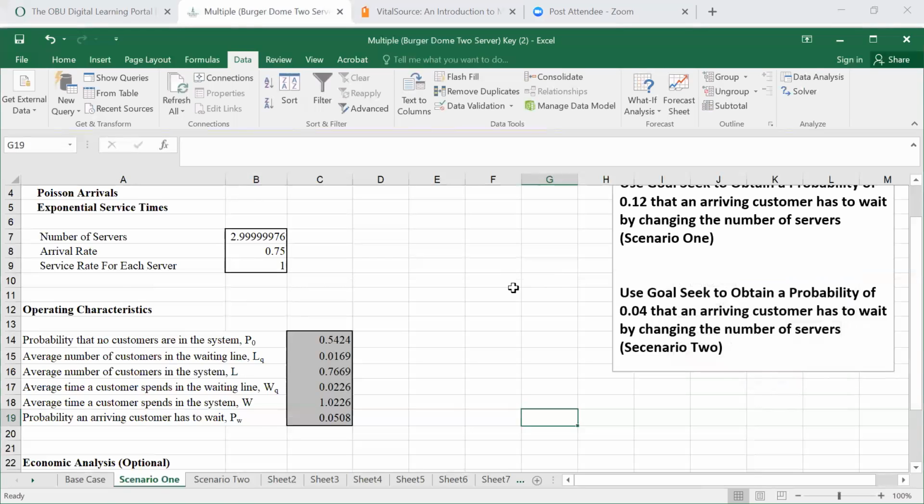Now we have far exceeded the 0.12 as we put in. We have now practically 3 servers. Now we can play with it a little bit. We could put in 3 and see what we get.